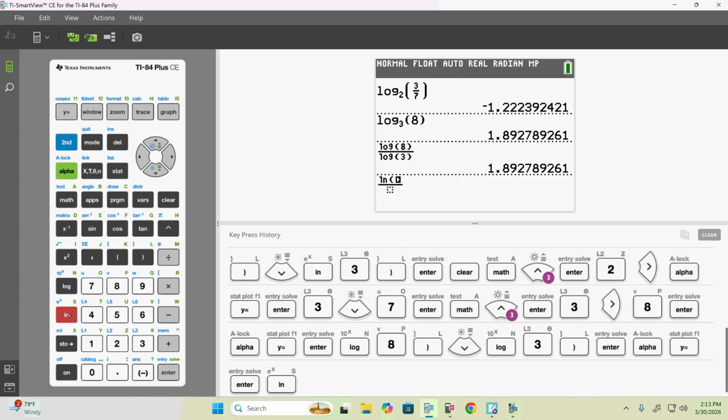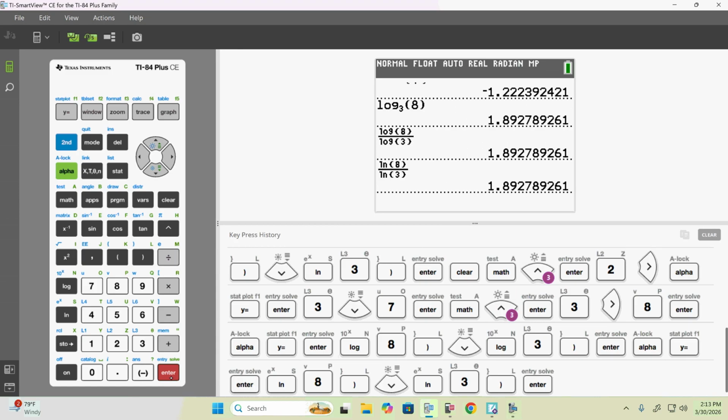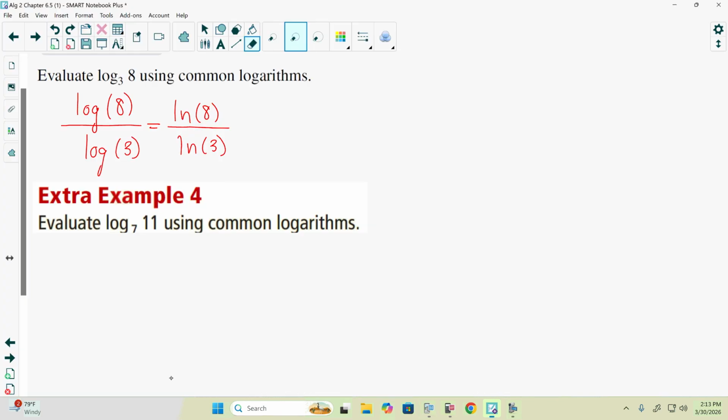Interestingly enough, natural log of 8 over the natural log of 3 is still 1.893 if we round to 3 decimal places. So that means I don't actually have to use the graphing calculator to do log base. We can actually use the 30xs and get to it a little bit quicker.